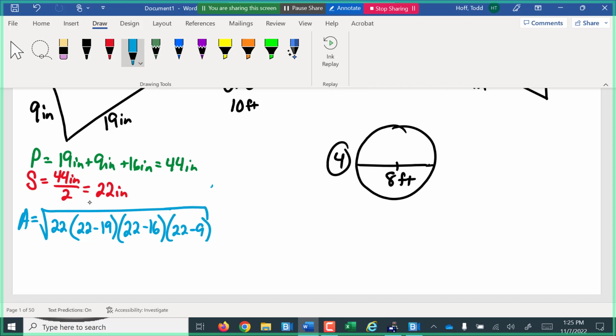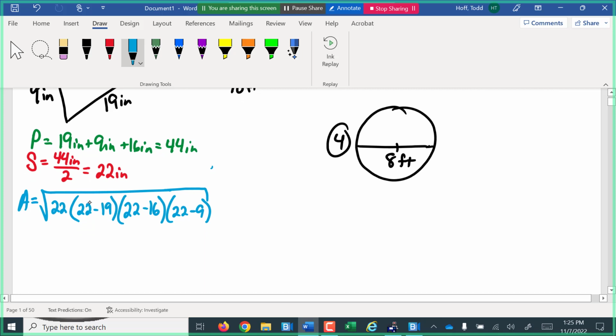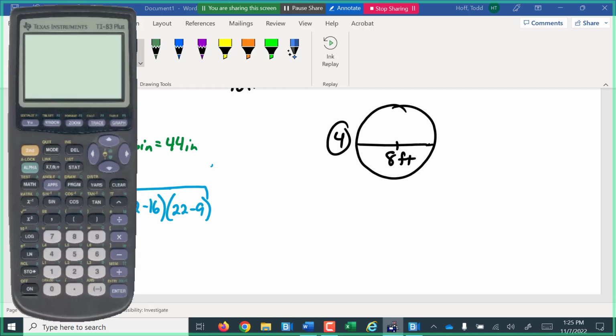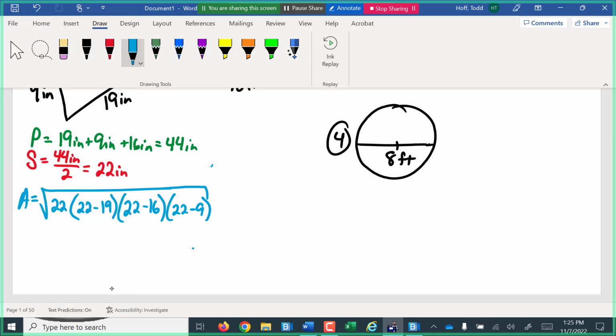We subtract each of the sides from the semi-perimeter in that square root. So the square root of 22 times 3, 6, and 13 gives 71.75. Those are in inches, so this is square inches, the area of that. Did anybody get that one?